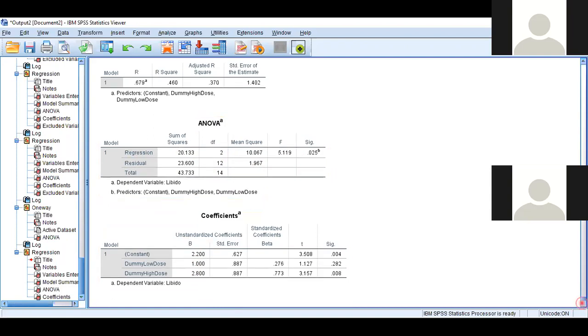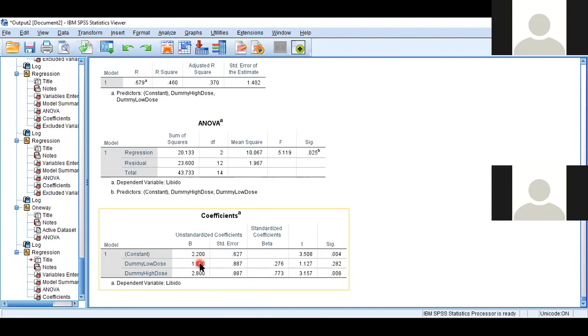The coefficients are what I explained when we were doing the ANOVA. In the data set, the placebo group, the mean libido was 2.2. The one you make the reference is the constant, so this 2.2 is the mean for the placebo group.